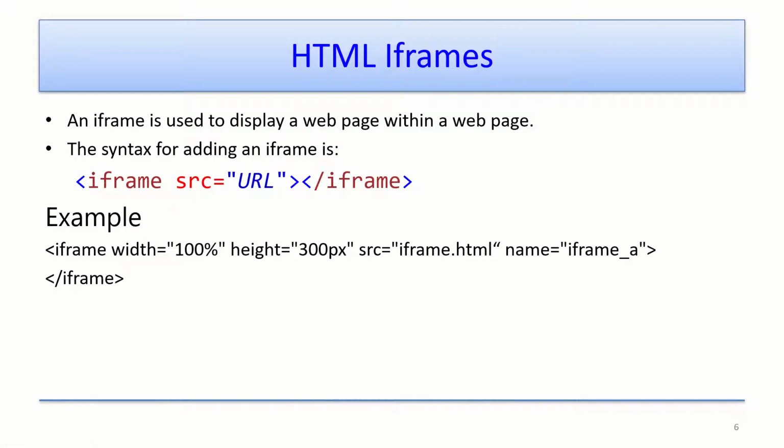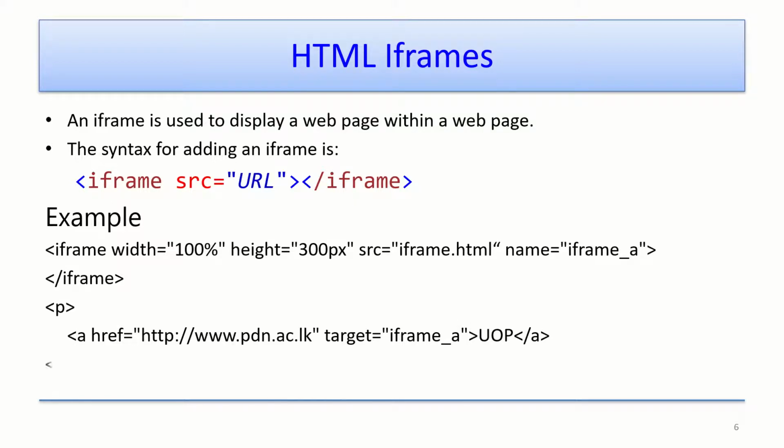At the same time, we can set a name for that particular frame. I told you that there's an attribute called name in frames, right? So in a paragraph tag, we can set a link, and when you click on that link, we can load a particular web page into the iframe. Okay, I'll explain it through the example.